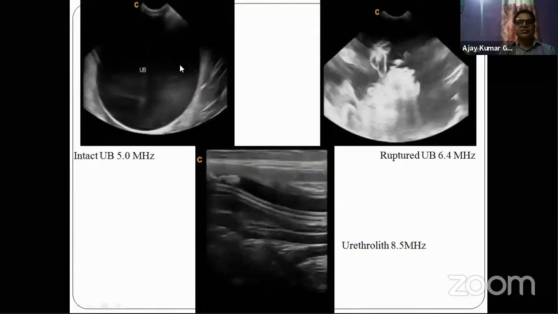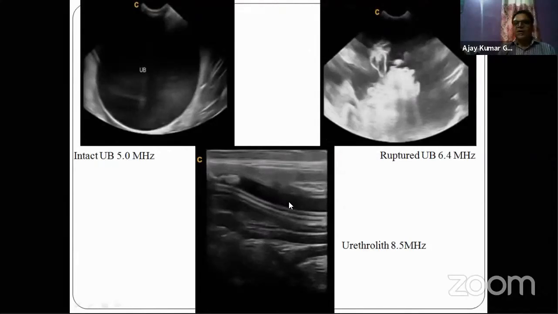Since the bladder is distended with urine, you can scan it with a 5 megahertz transducer also. In this case, the bladder has ruptured. You can find free fluid in the peritoneal cavity, and the structures cannot be identified, but they are freely floating in the peritoneal fluid, that is urine. So this indicates a ruptured bladder.